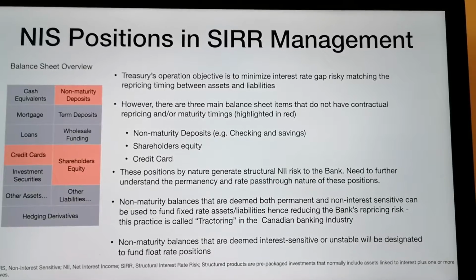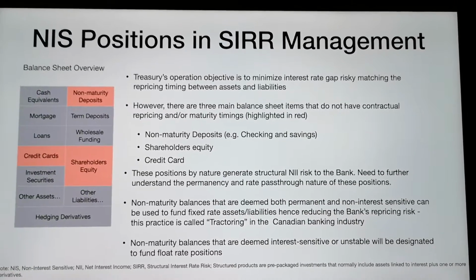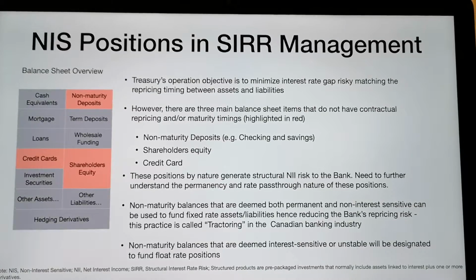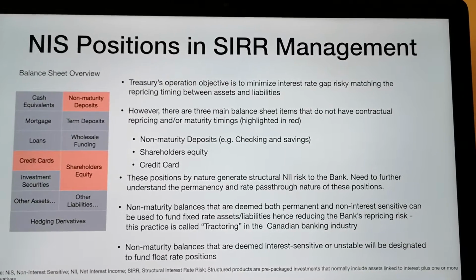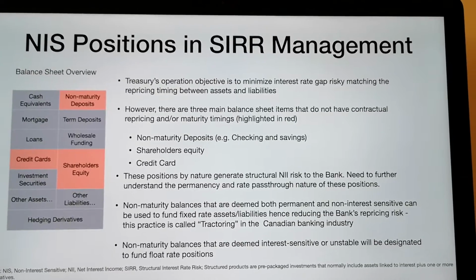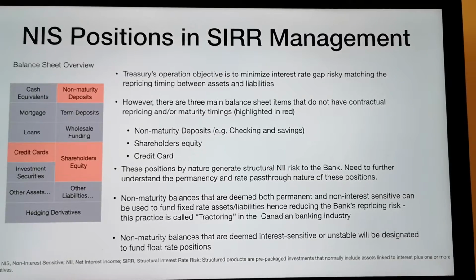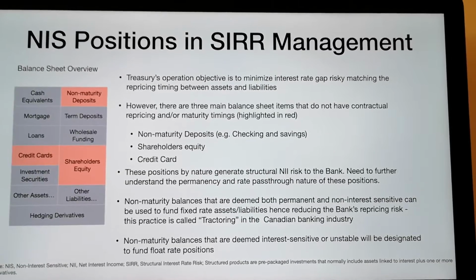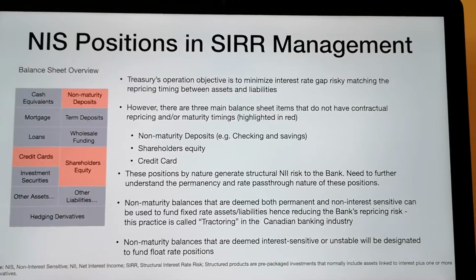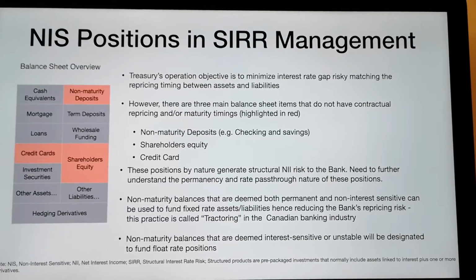So we need to further understand the permanency and the rate pass-through nature of those positions. Non-maturity balances that are deemed both permanent and non-interest sensitive can be used to fund fixed rate assets or liabilities, hence reducing the bank's repricing risk.